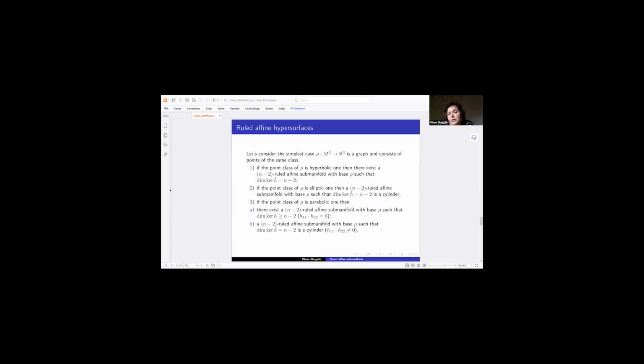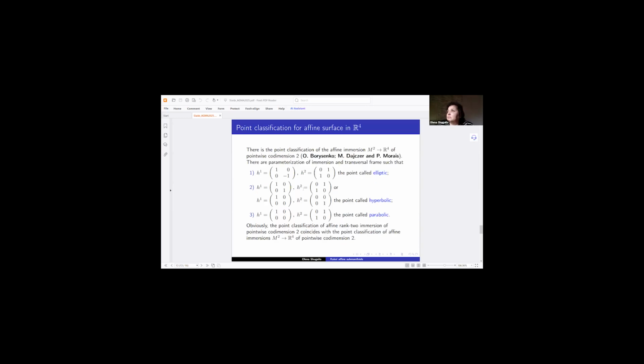Of course, if we don't demand that the affine fundamental form is maximal, so not every rectilinear ruling belongs to the kernel of the affine fundamental form, then we can construct ruled affine submanifolds with any base.